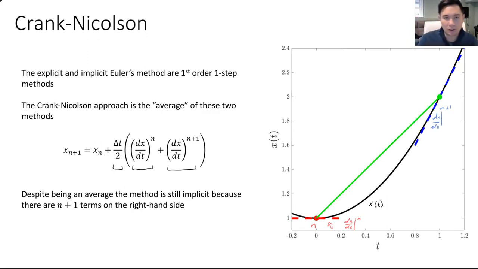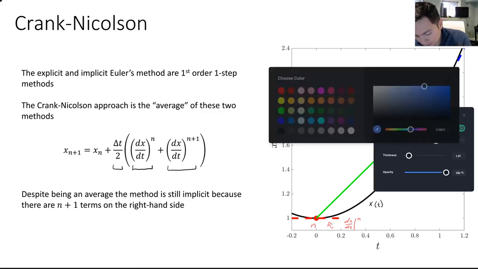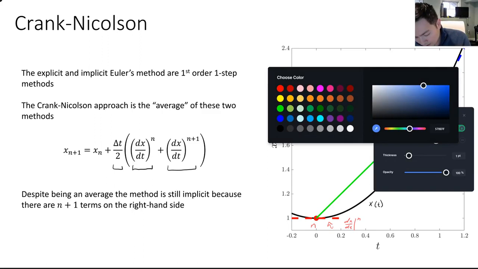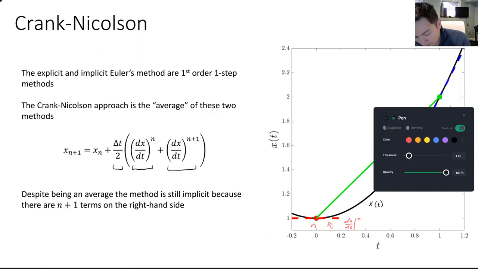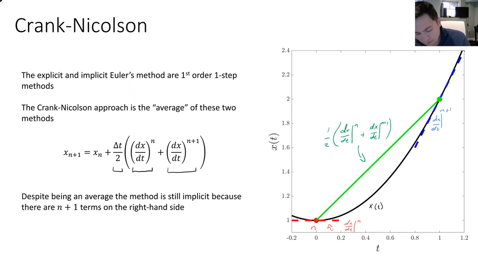Now this is a unique case where I've got exactly the correct value, so I can get my correct slope there as well. And then what I do is I take the average of these two values. That's our green slope. And so this would be dx dt at time index n plus dx dt at time index n plus 1, and then we're just averaging those two values together. Okay?